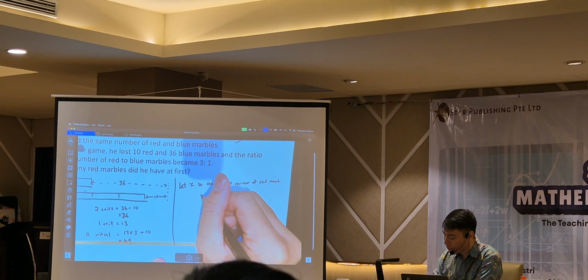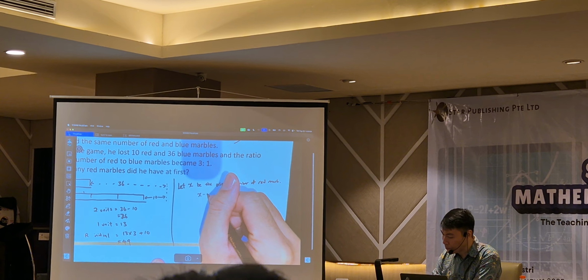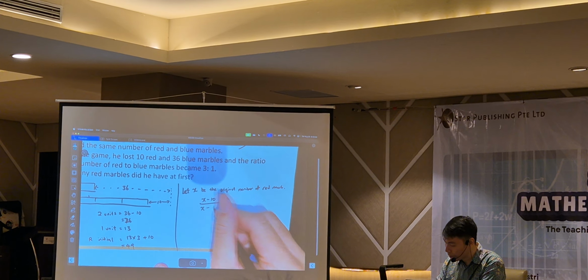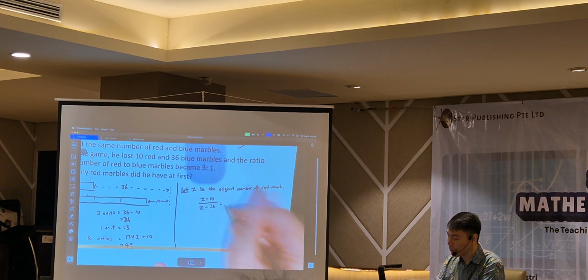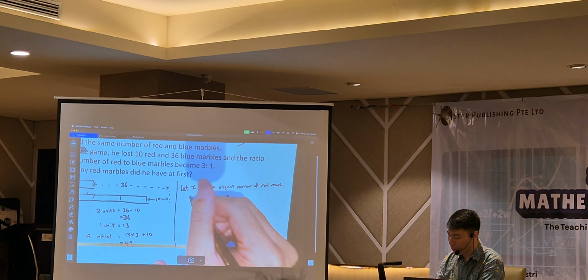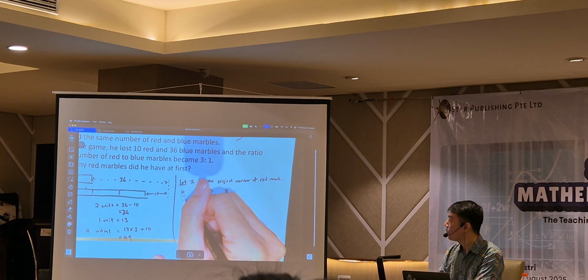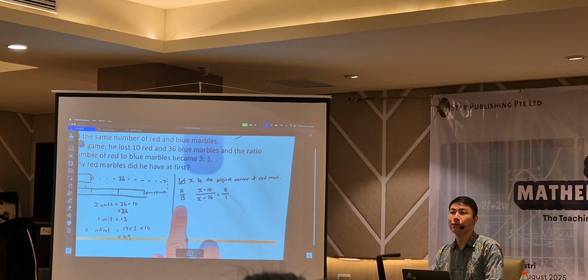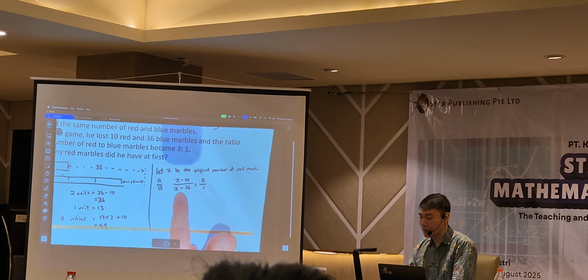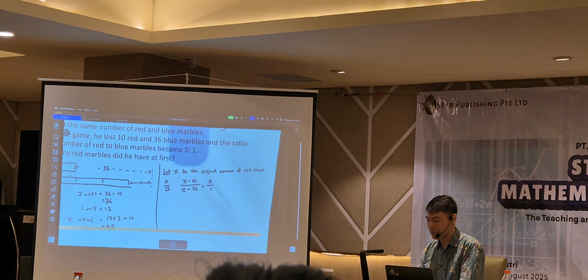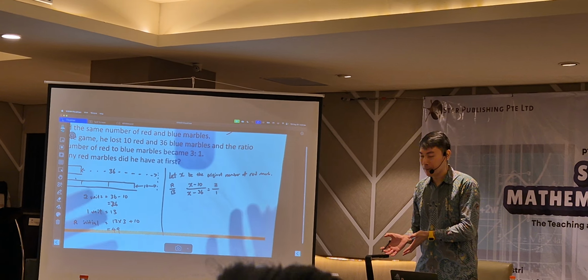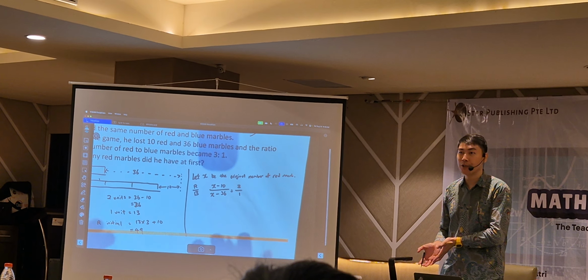So x minus 10 over x minus 36, after losing 10 red marbles and 36 blue marbles, this ratio became 3:1. Right? Red is to blue. You can write it as a fraction. Red is to blue is x minus 10 over x minus 36 equals 3 over 1. So we have formed an algebraic, a linear fractional equation.